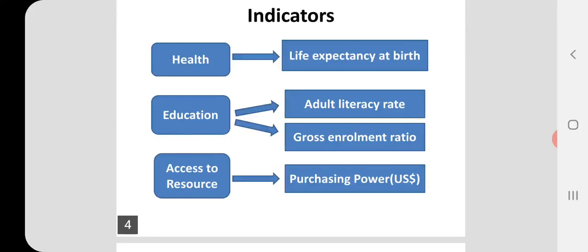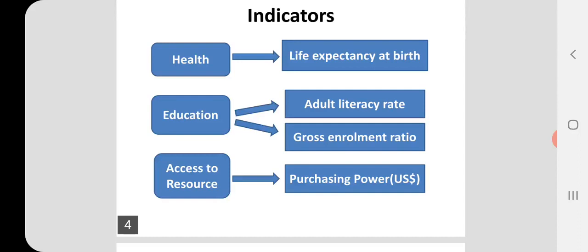That means if the life expectancy at birth is high, the health condition of a particular country will be very good. Next is education. The indicator education is measured by adult literacy rate and gross enrollment ratio.